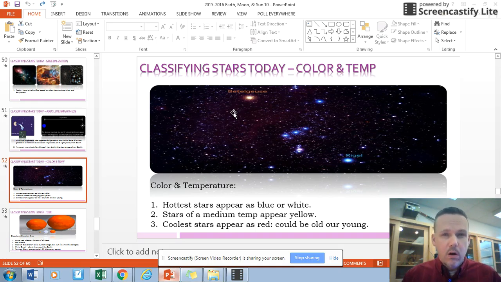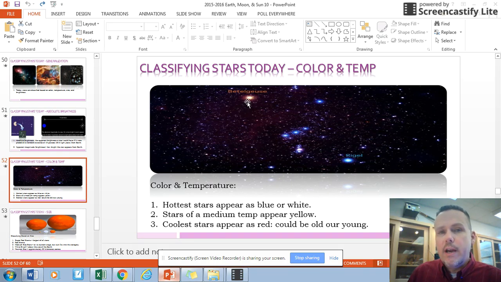Now, the bigger you are in regards to the star size, your life is not as long. You use up all your energy and you die quick. Where the ones that are medium sized, like our sun, a medium sized star that will become a red giant, is going to have a much longer lifespan than something like Betelgeuse.